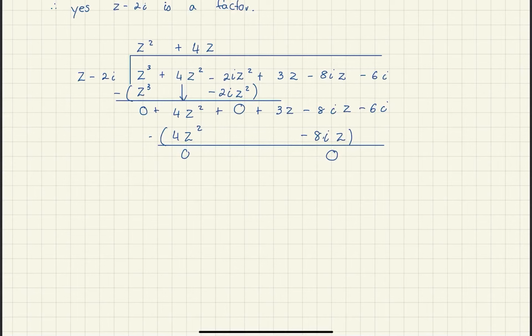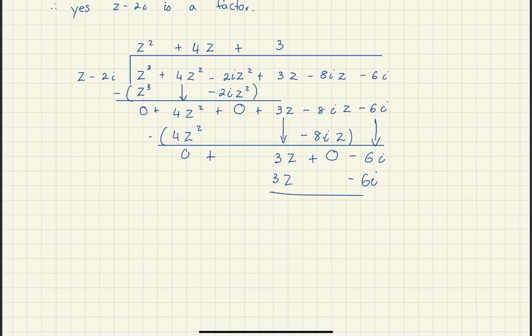Alright, I am still having to bring down this 3z and this negative 6i, so that's what I'm left with for my third row of calculation. 3z minus 6i, like that, and do my last long division step here. 3z divided by z gives me just plus 3, and multiply down. 3 times z is 3z, and 3 times negative 2i is negative 6i.